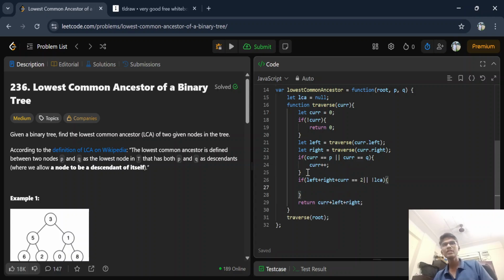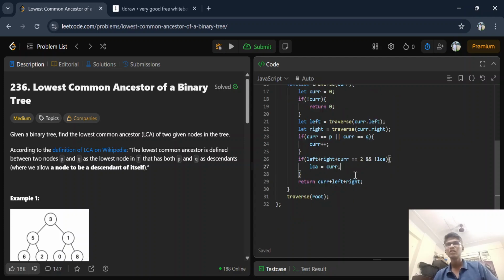Yes, LCA is not valid, and I will do what? LCA is equal to the current node. Yes, LCA will be equal to the current node. So our code is correct right now, and yes, this should be the code. And let me return LCA.